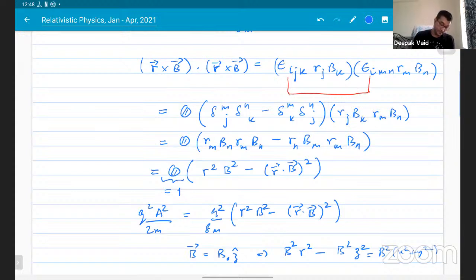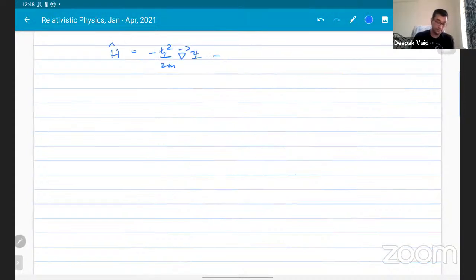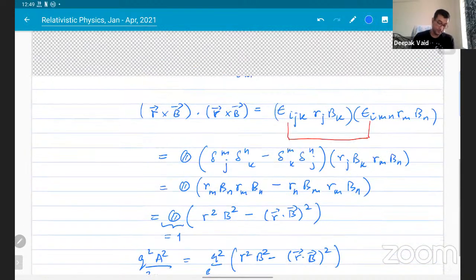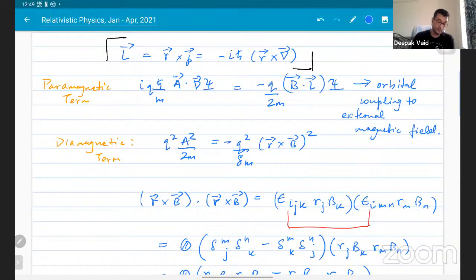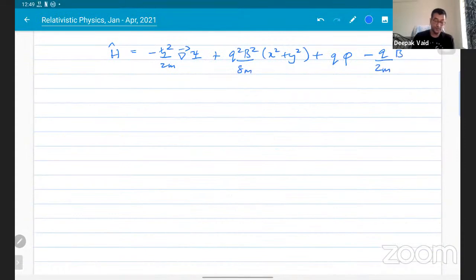We get a diamagnetic term, which is plus q square B square by 8m times x square plus y square, plus q times phi, and then minus our paramagnetic term, which is minus q by 2m B dot L psi.